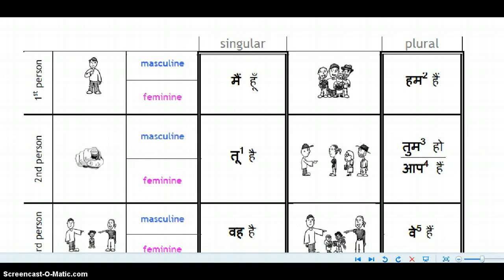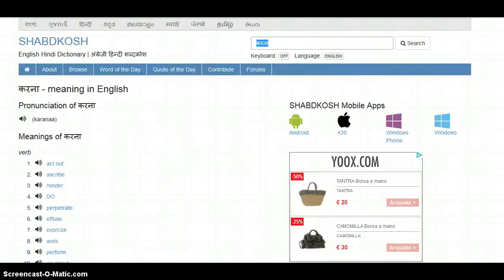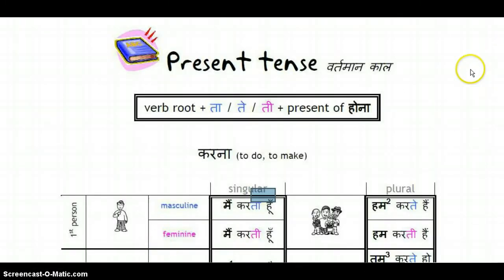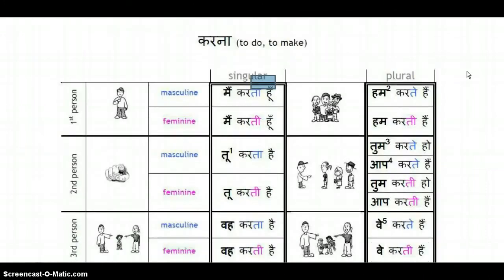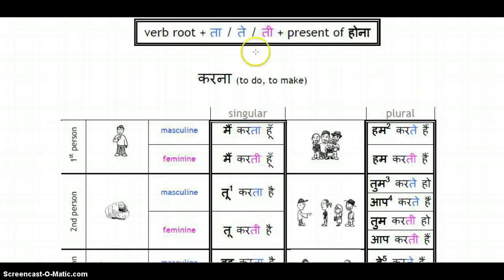So let's go back to the present tense of karna. What happens with any verb which is not the verb to be? We have said that we just need the root, then the endings ta, te, ti, and the present tense of hona.